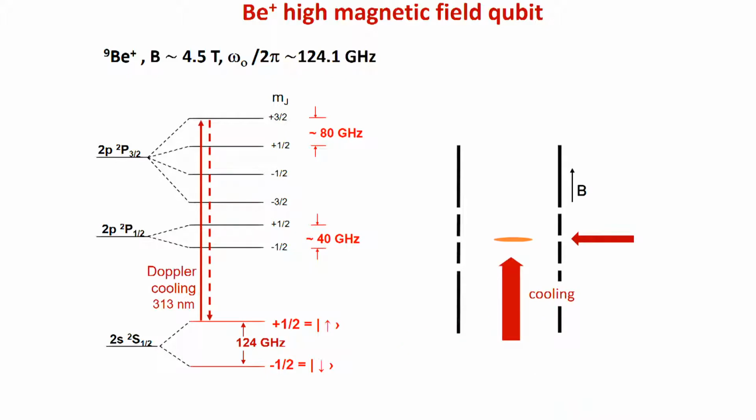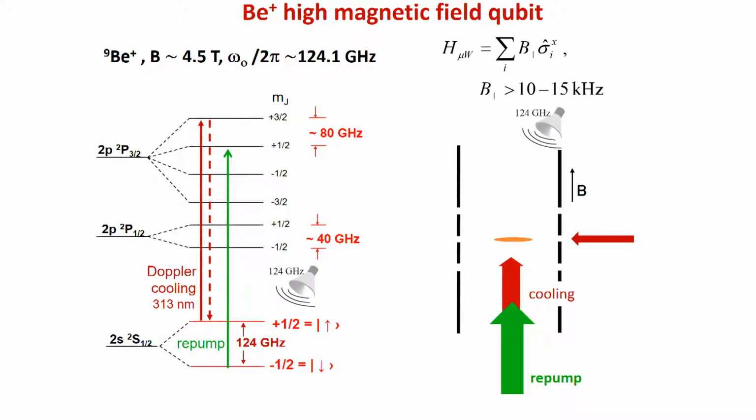And then we have the standard techniques that all atomic physics uses, a nice Doppler cycling transition for Doppler cooling that also serves as a state detection. We typically do experiments where we optically pump and pair all the spins up, and we can do global rotations with resonant microwaves at 124 gigahertz. In the language of quantum simulation, this is giving us an effective transverse magnetic field.